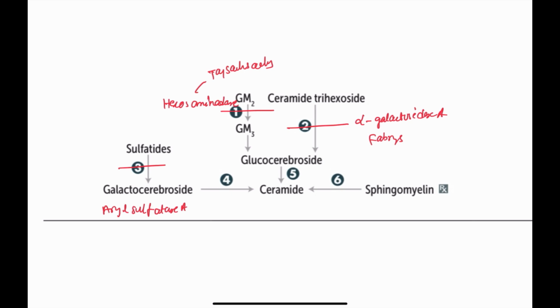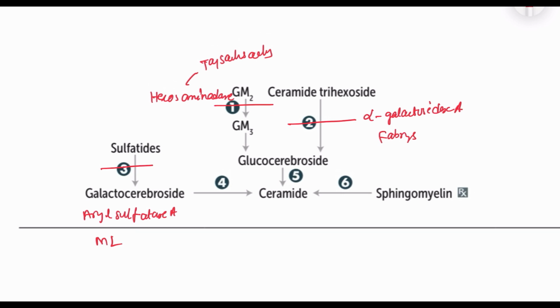deficient in metachromatic leukodystrophy. Coming to number four, galactocerebroside is broken down by the enzyme galactocerebrosidase. It is also known as galactosyl ceramidase. It is deficient in Krabbe's disease.